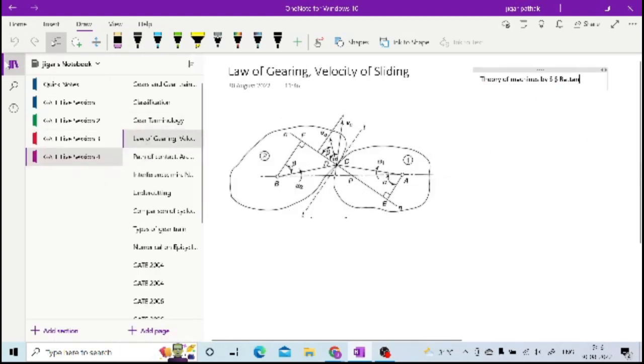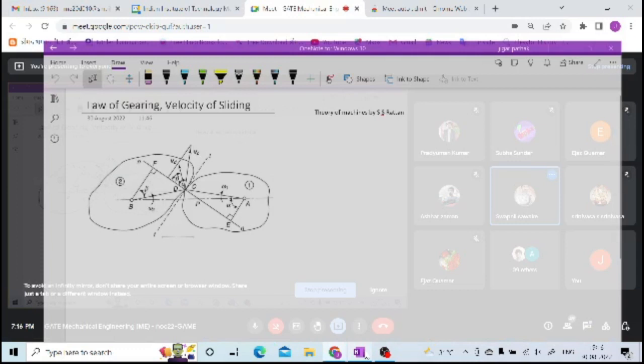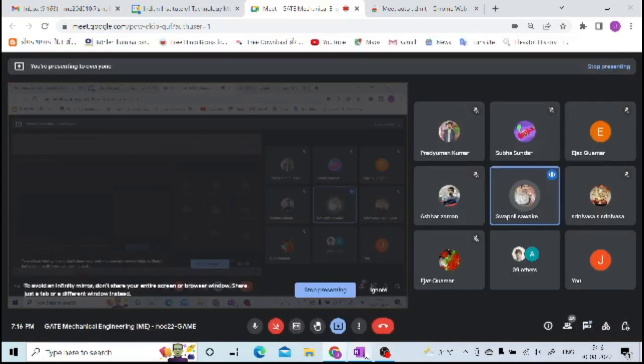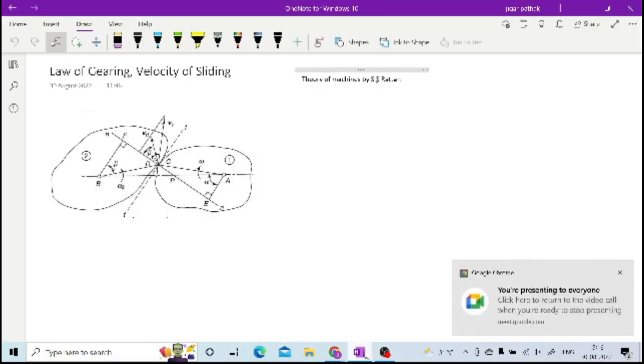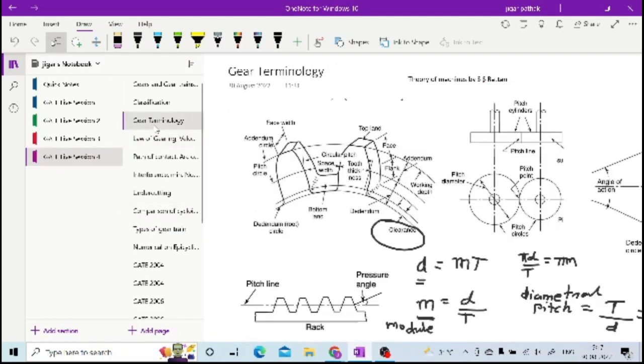Now if we go to the law of gearing, yes, sir. Sir, the working depth, from the clearance circle to the addendum circle? Working depth, from which point to which point do we have to consider it?